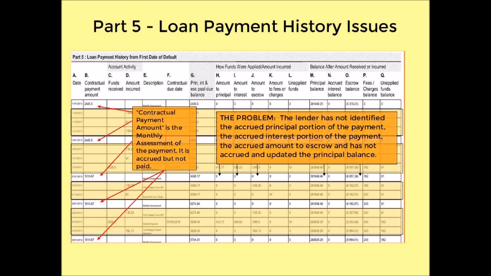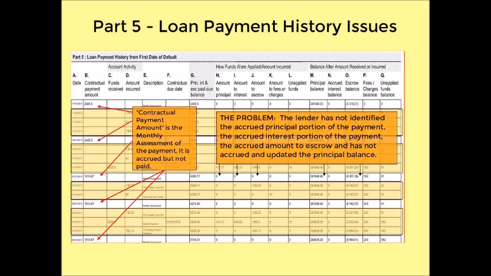For some reason, they don't understand the term accrual, and that may be because the staff working on these proofs of claim may not have the education behind them. It's a bankruptcy department, and you have staff generating documents from the computer system and trying to transfer them to this document, not understanding the information that's involved.